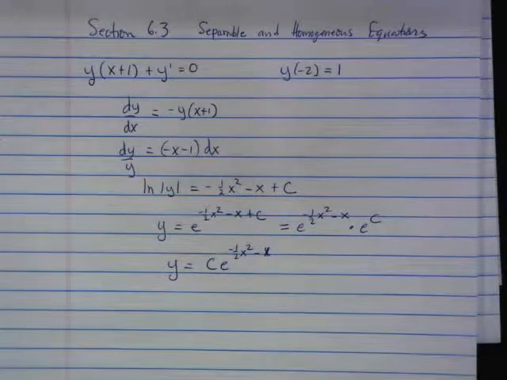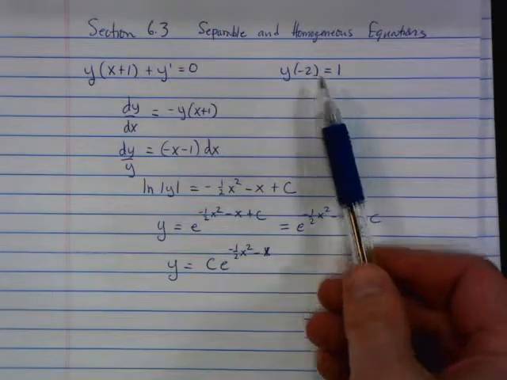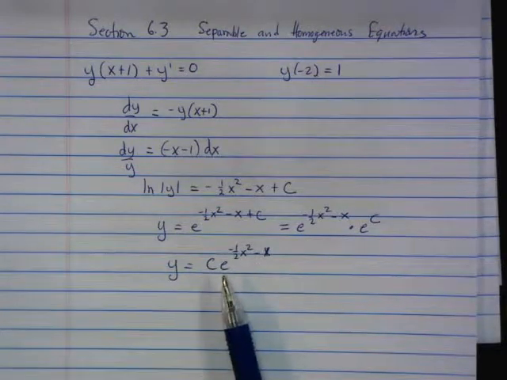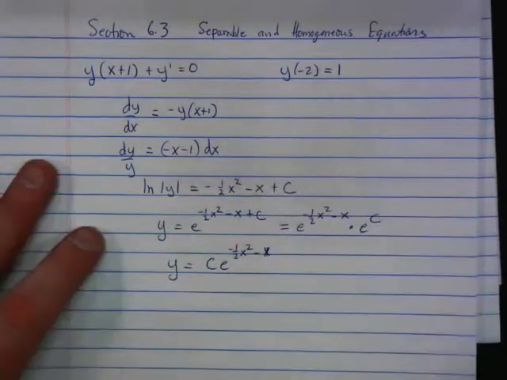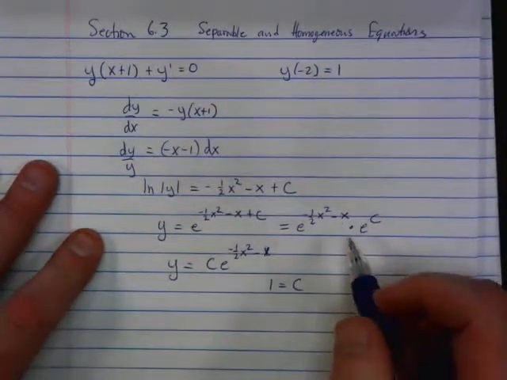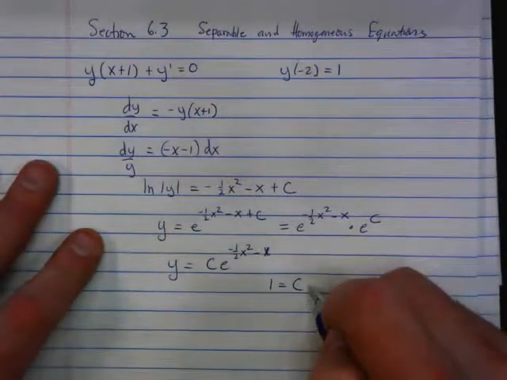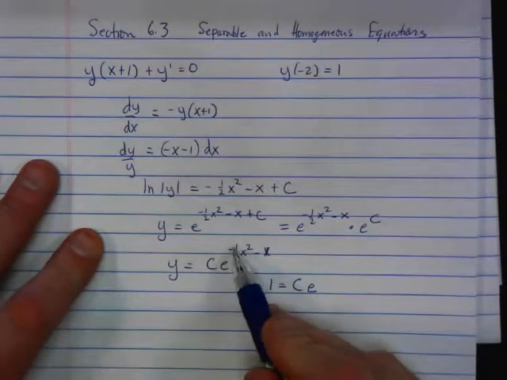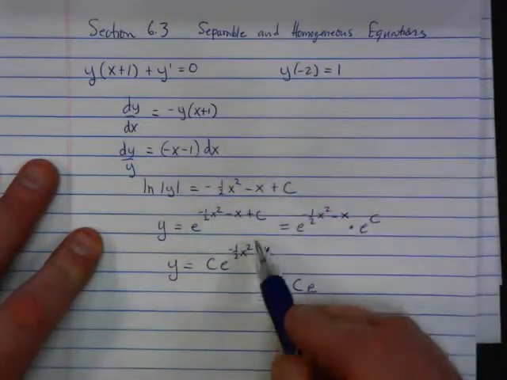So there's all the work we did the other day. The only new thing now is we plug in this initial condition and we figure out the c number. So I plug 1 in for y. I plug negative 2 in for x. I'm going to have 1 equals c e to the negative 1/2. When I plug in negative 2, that's 4.